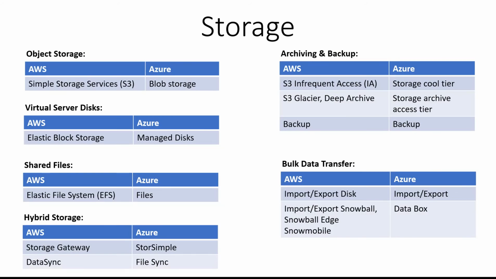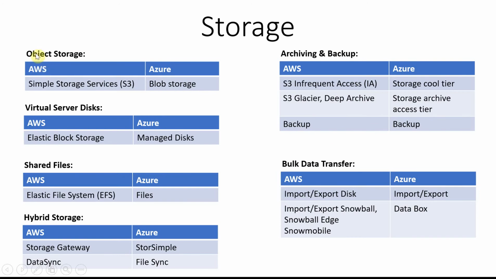Storage. This is a very important section, and we use a lot of storage, right? You have various options here in the storage layer. It's the same in both AWS and Azure. You have to decide which type of storage you need, and based on that you select a specific product.